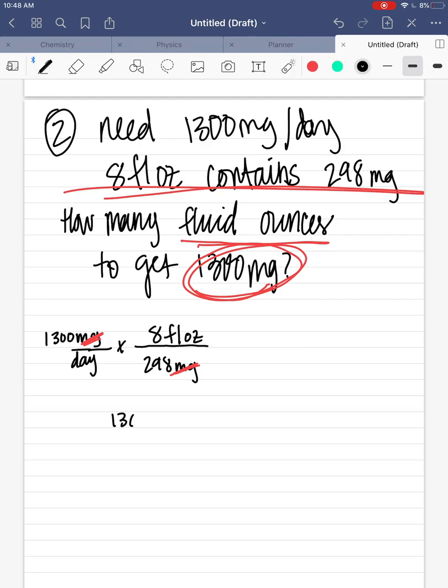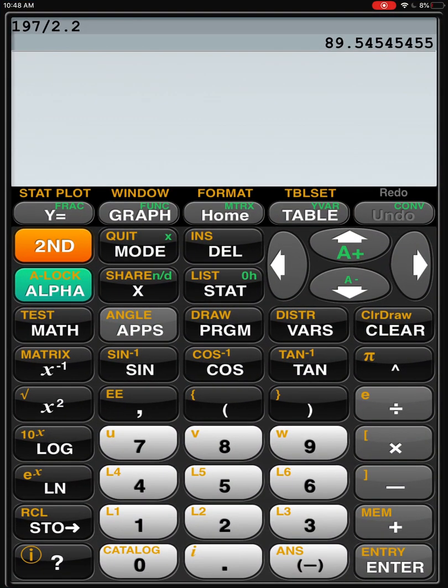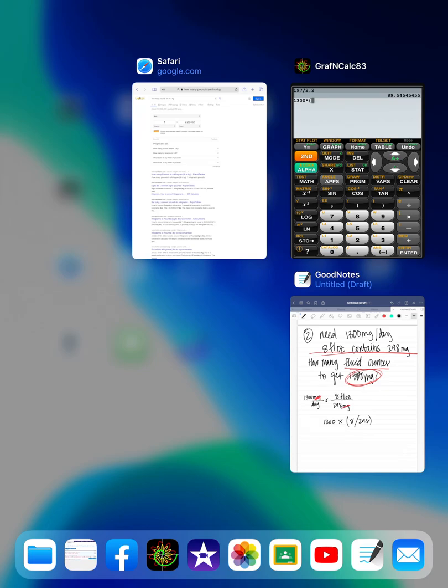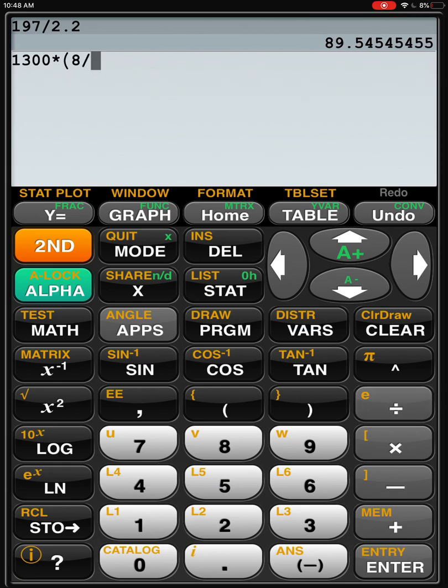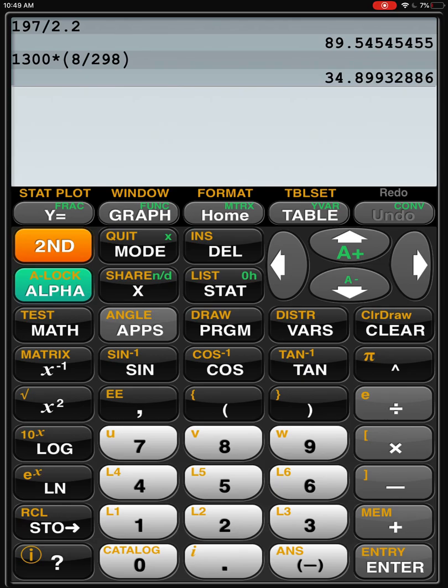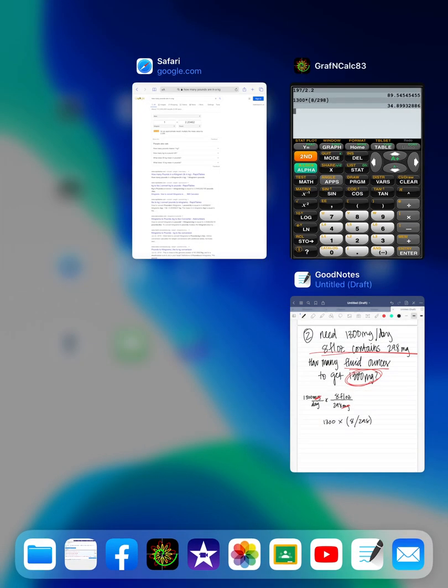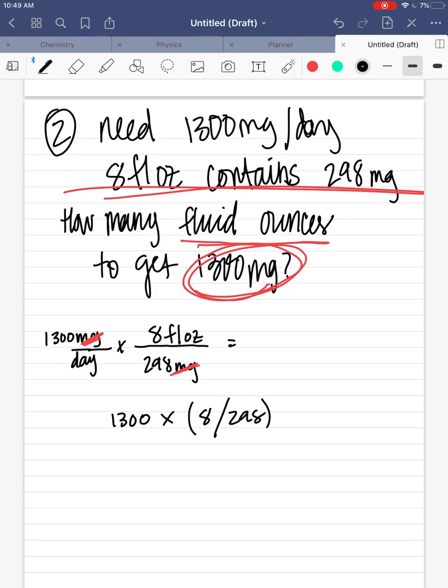You do 1,300 times 8 divided by 298, and this is exactly how you put it in your calculator. 1,300 times, oh crap, I forgot what it was. 8 divided by 298, and hit enter. 34.90. I am not doing any of this to significant figures because nobody has time for that.